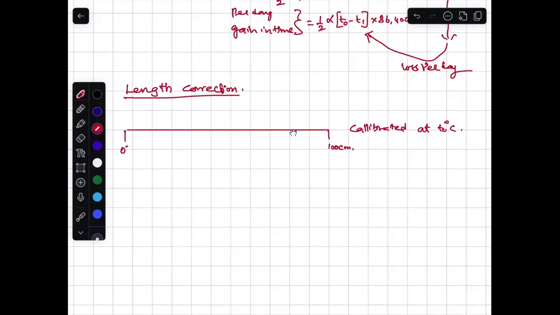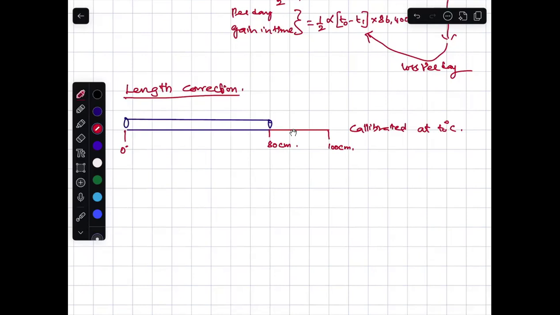And I am measuring a wooden block. Why I took wood? Because it won't get affected because of thermal effects. Now exactly, it's showing some 80 centimeters.